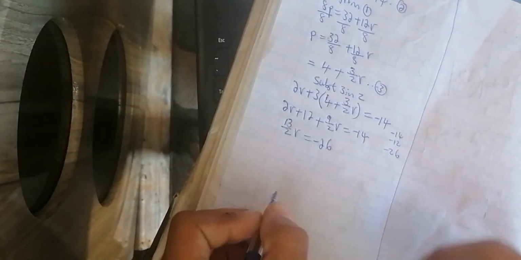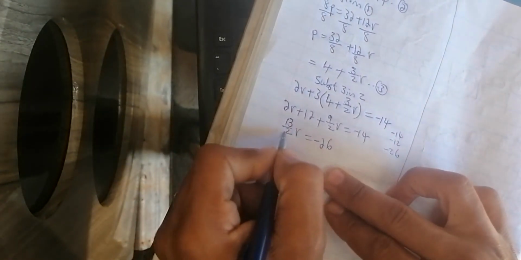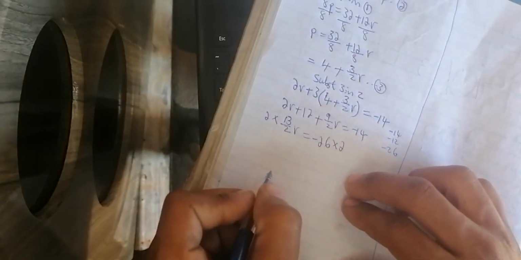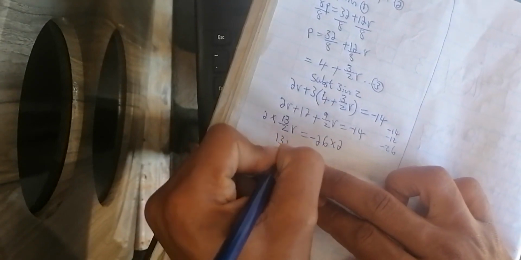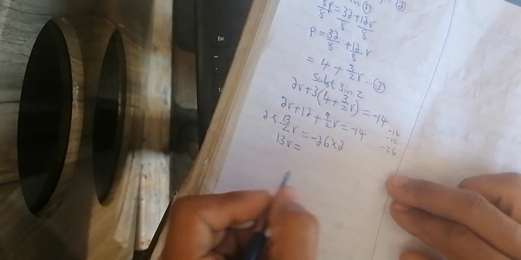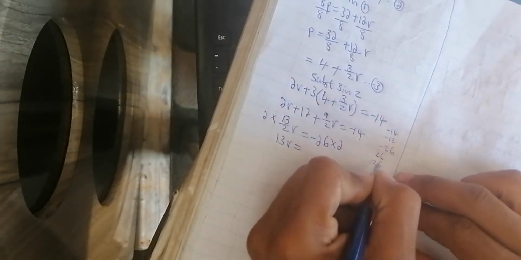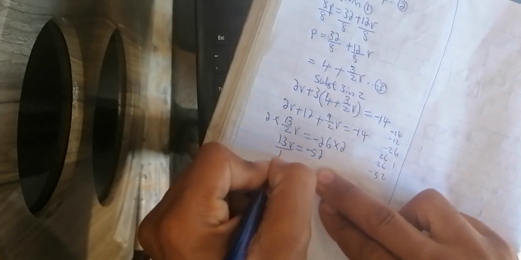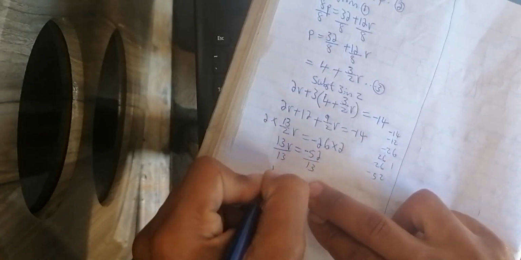Right. I want to get rid of the denominator. I can multiply both sides by 2. 13R equals minus 52. I can divide by 13.